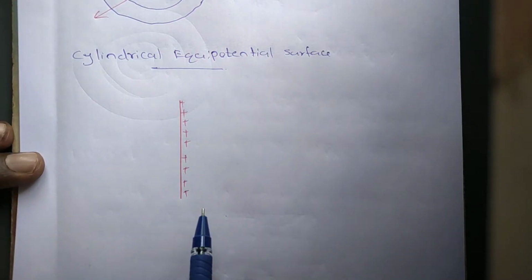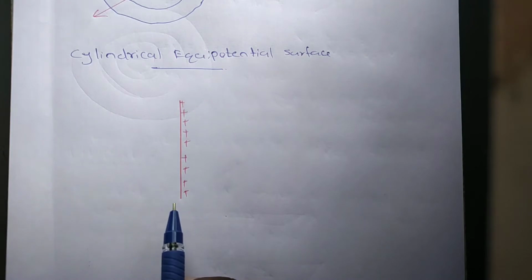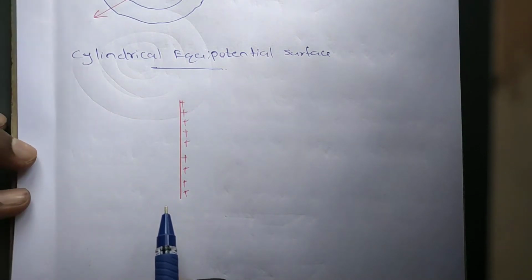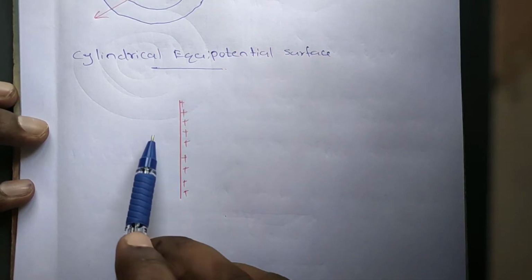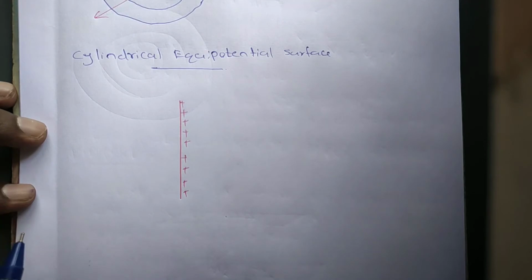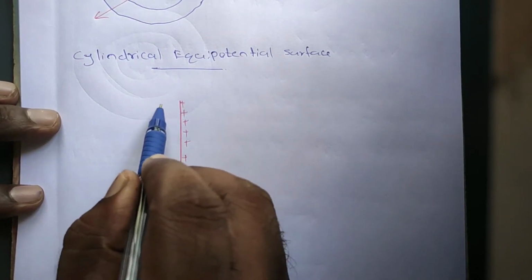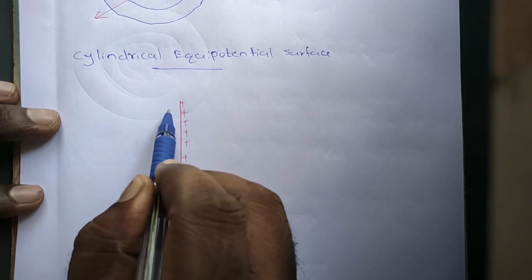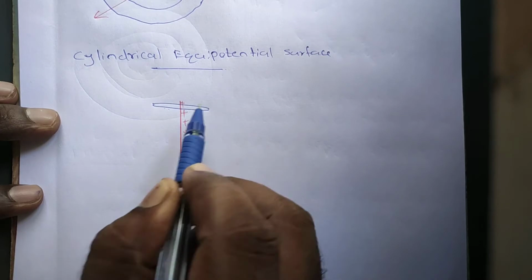The electric field value is 1 by 2 pi epsilon 0 into lambda divided by R. So that means the electric field is inversely proportional to distance. So while going away from it, the electric field value decreases. So we have to draw the equipotential surface produced by this, we can draw like this.